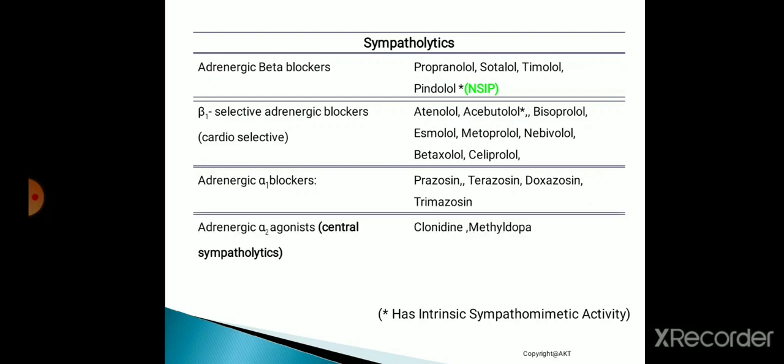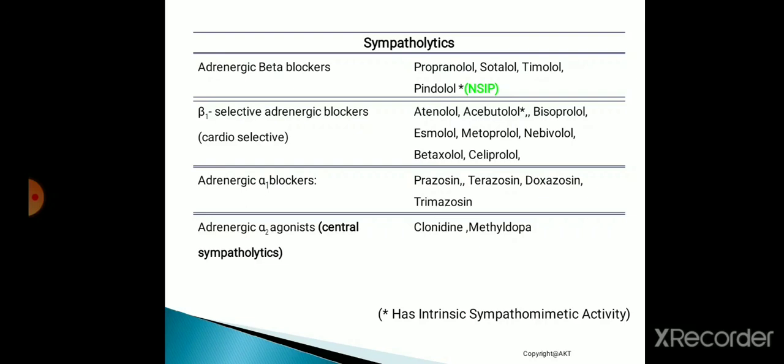Adrenergic alpha-2 agonists. The latter three were blockers, but here it is agonists. Remember, the alpha-2 receptor is an autoreceptor. If it is stimulated, it will reduce the release of neurotransmitters or reduce the activity of that particular nervous system.